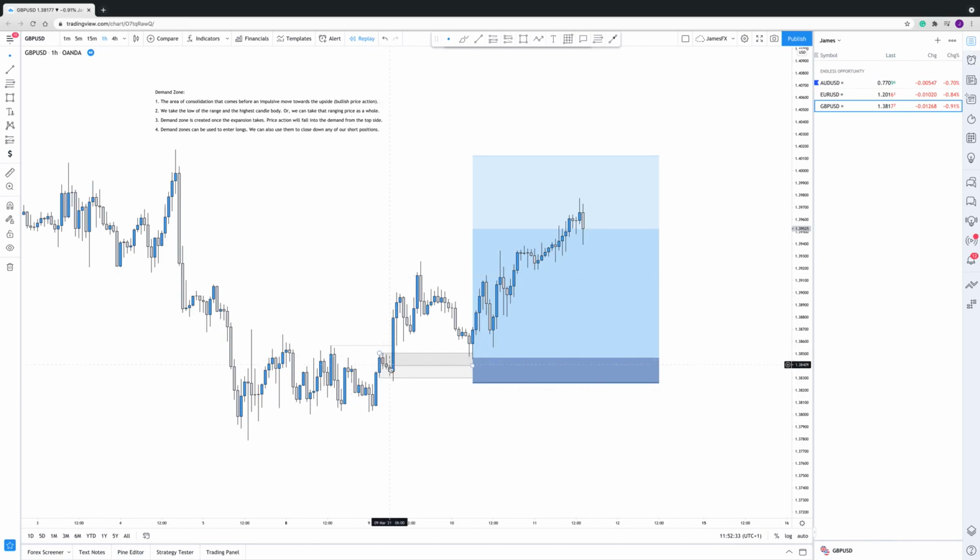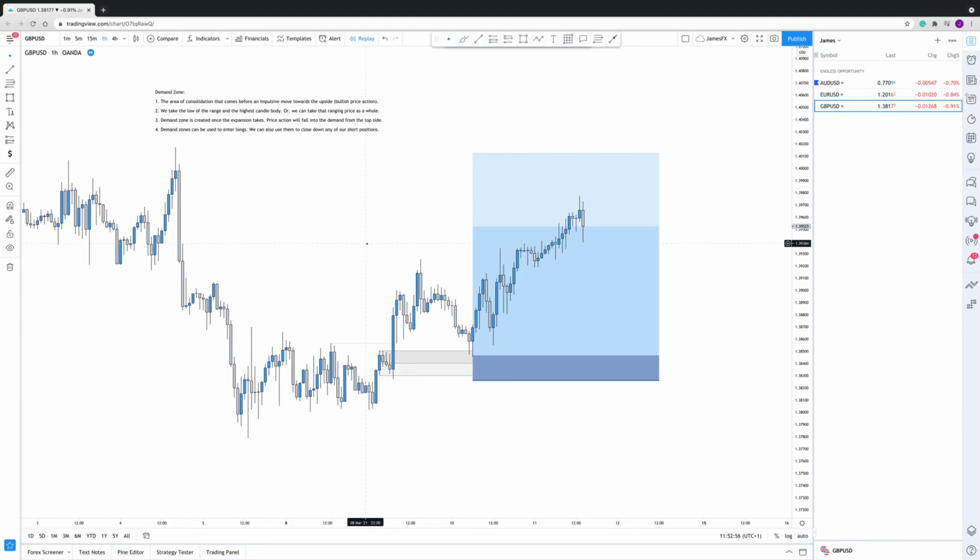So this is that consolidation before the impulsive move to the upside, which also broke structure, this high here. So number 2, we can take the low of the range and the highest candle body, or we can take the range price is in as a whole.